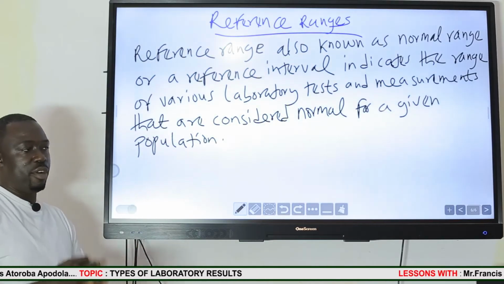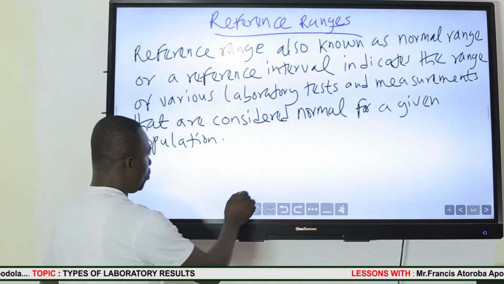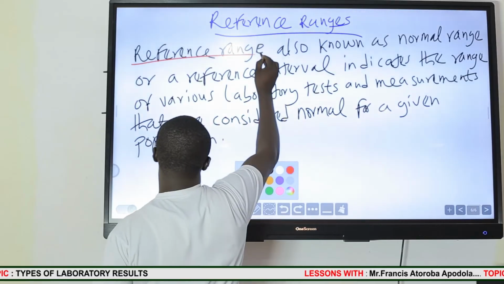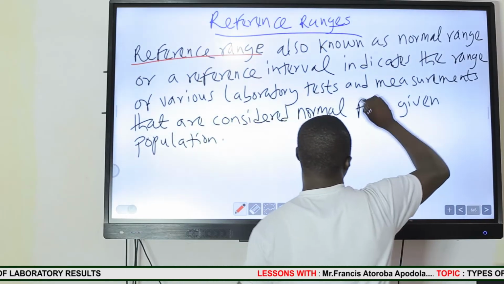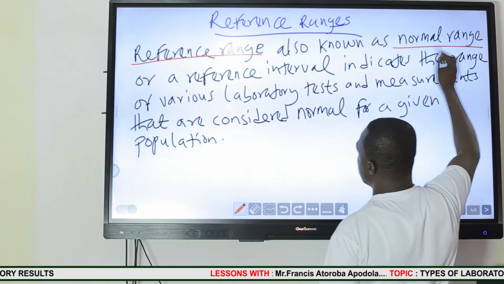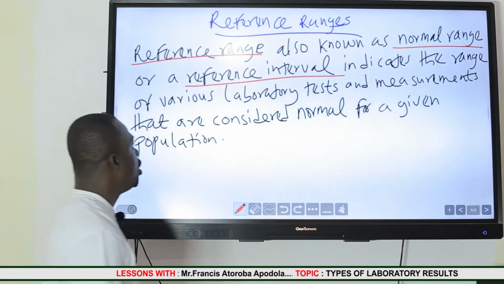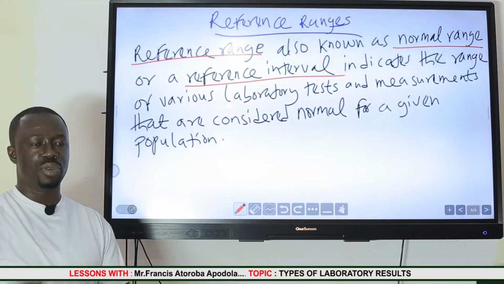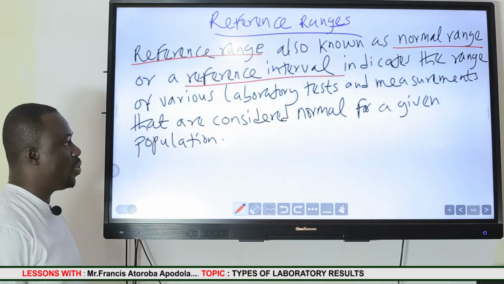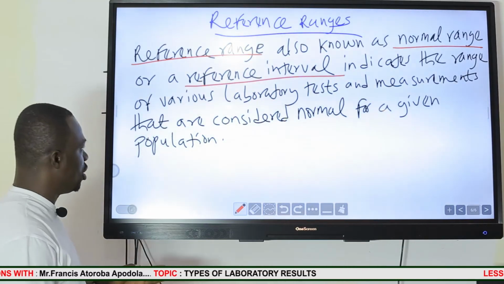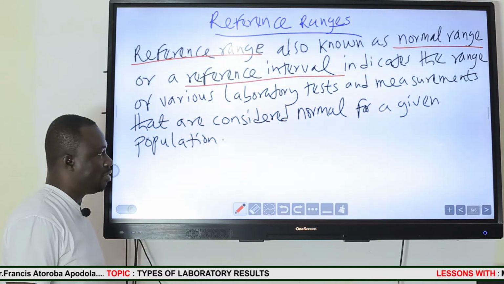So a reference range is used interchangeably with normal range or reference interval. When we say a reference range, in other words, we are talking about a normal range or a reference interval.